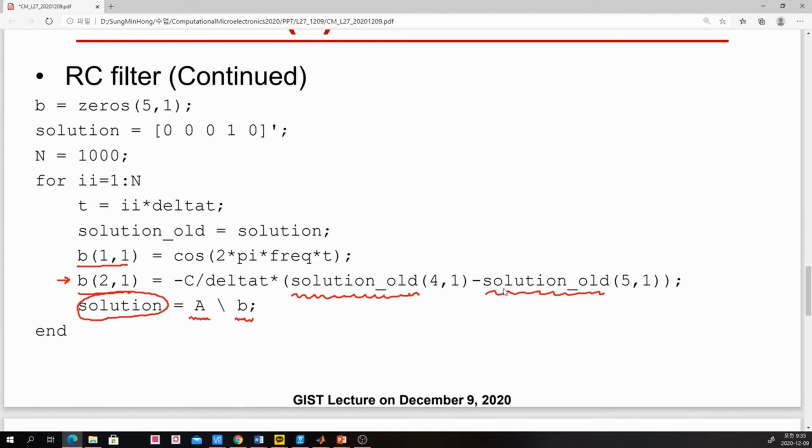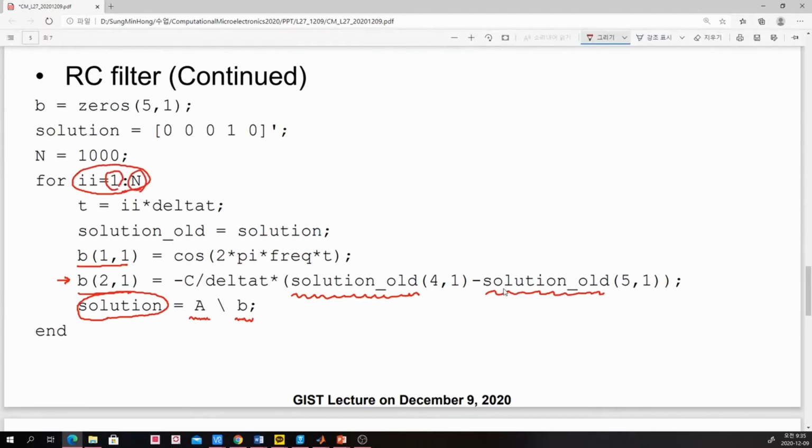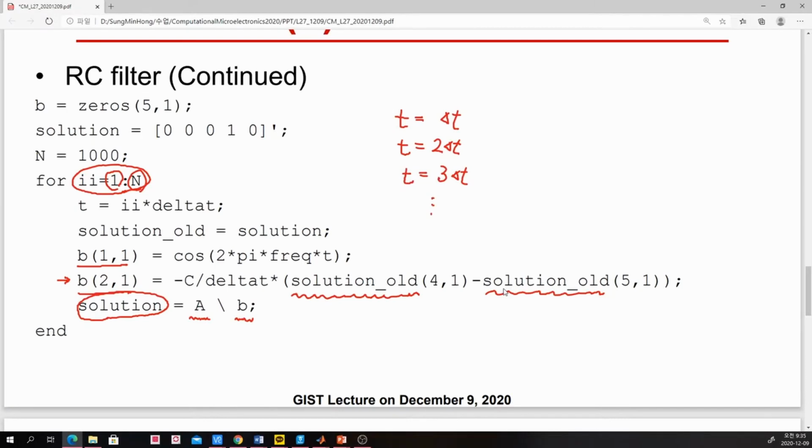But one more thing is, now we have the loop for time instances starting from 1 to n. Our time is increased, so t equal to delta t, t equal to 2 times delta t, t equal to 3 times delta t. We are marching to what?